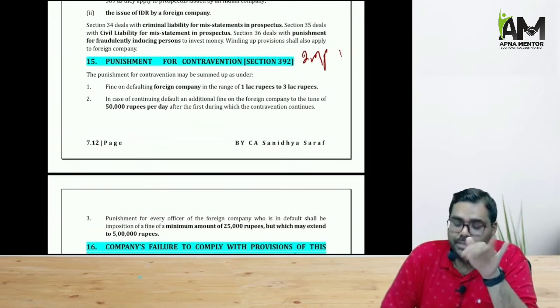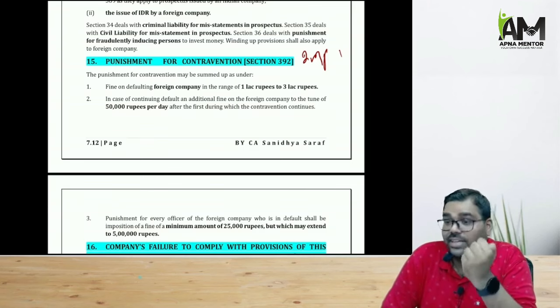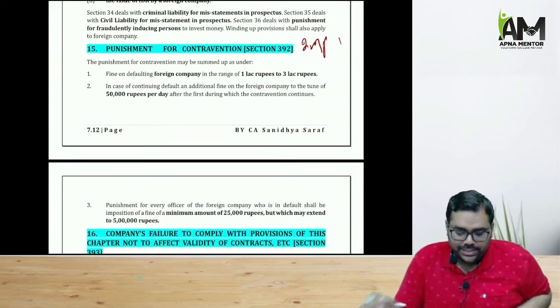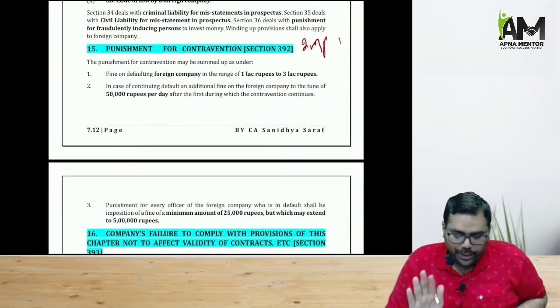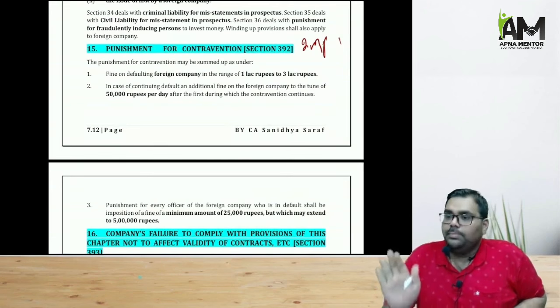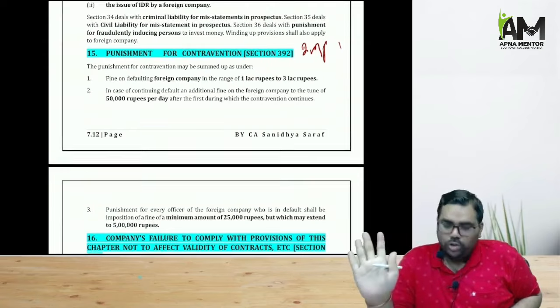Every alternative attempt there was a question on penalty for foreign companies. What if the foreign company has done a contravention? So very, very important. Penalty for foreign companies: the penalty will be on the company and the penalty will be on the officers.